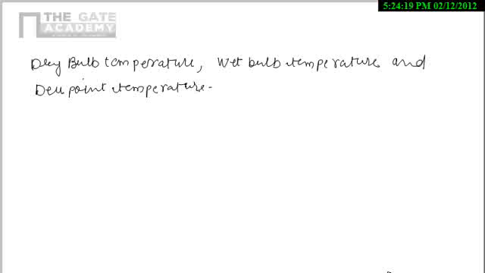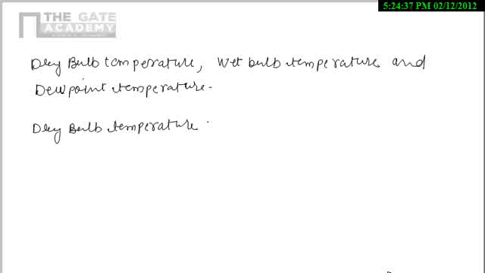One by one we will define the dry bulb temperature, wet bulb temperature, and dew point temperature. So first of all I will talk about dry bulb temperature.